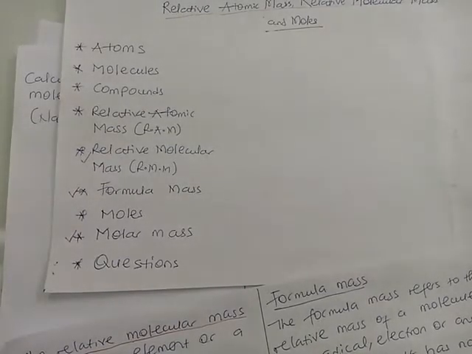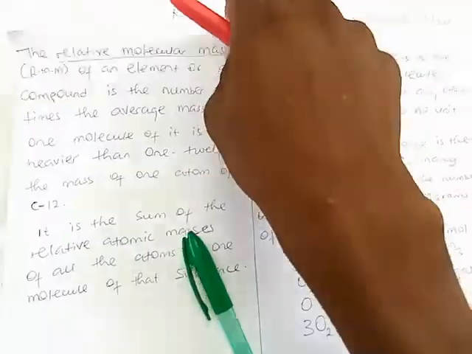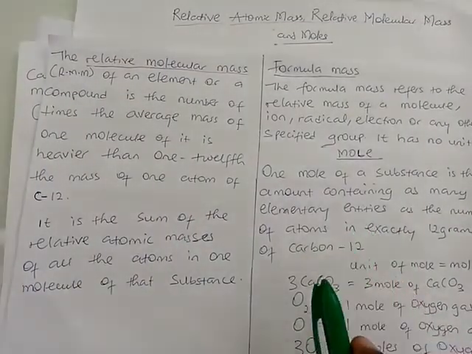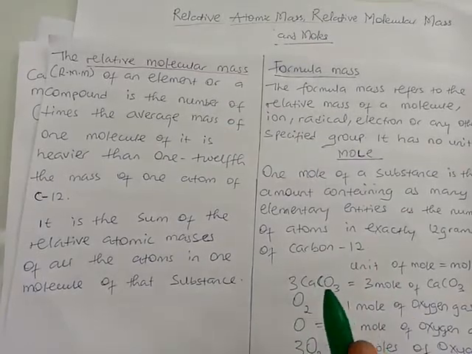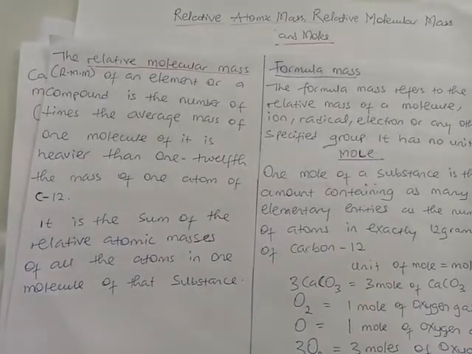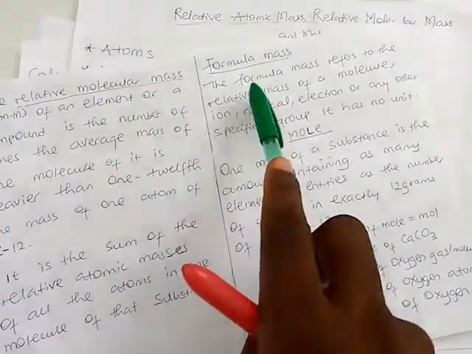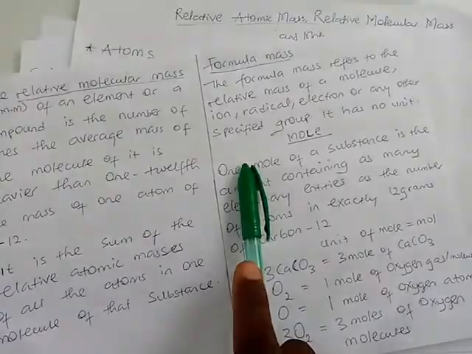The molar mass of a substance is the mass of 1 mole of the substance represented in grams. Just the way we have a mole of a substance, the mass of 1 mole, that is the molar mass. Or we can still say that the molar mass is the formula mass expressed in grams.